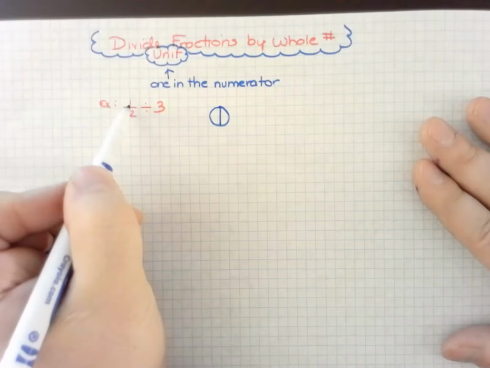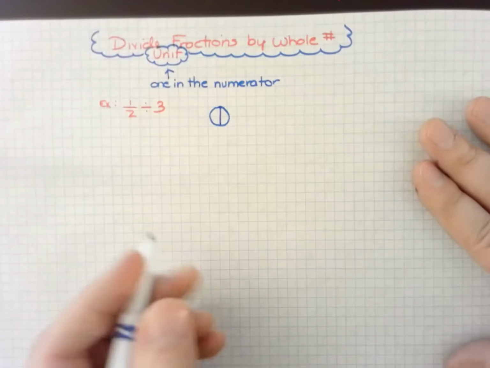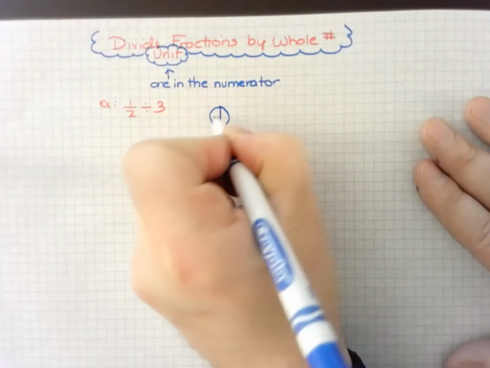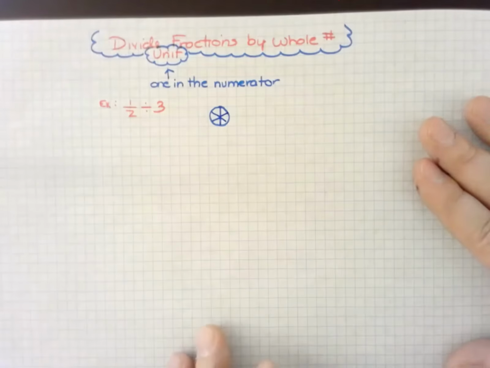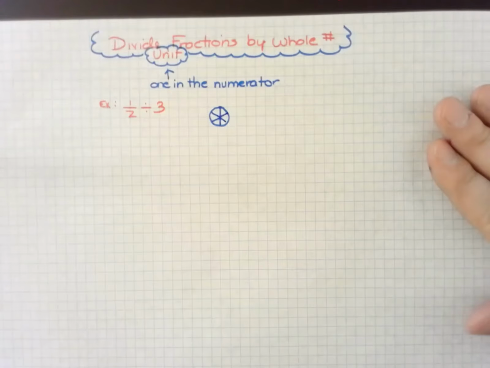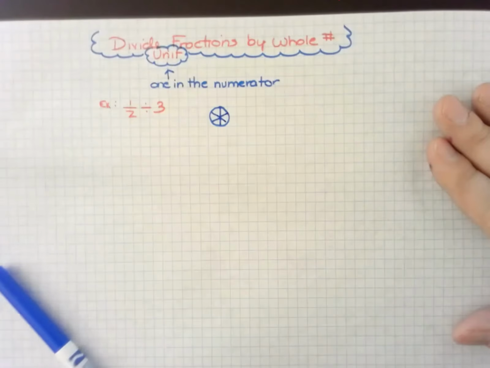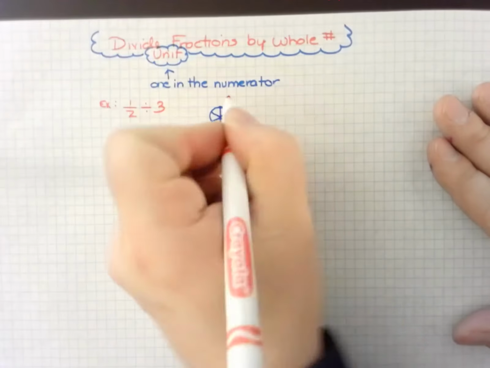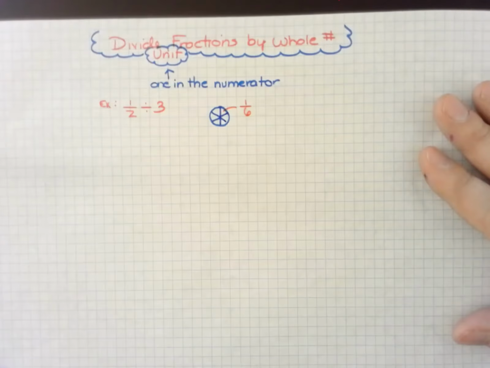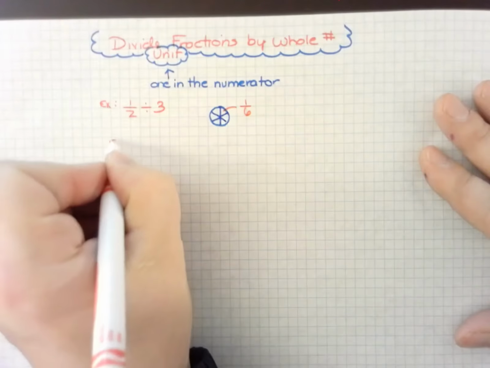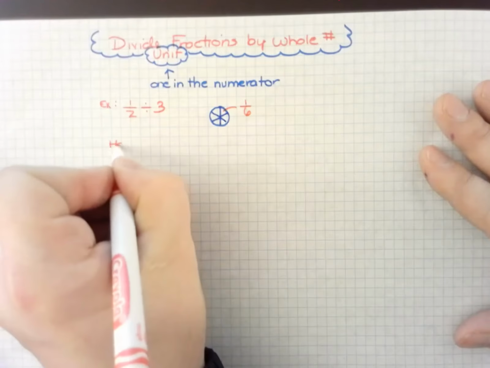And in that one part, I have to divide by 3. So I'm going to take this, I'm going to go 1, 2, 3, and then 1, 2, 3. And so if I count up all the parts, each part is worth 1/6.